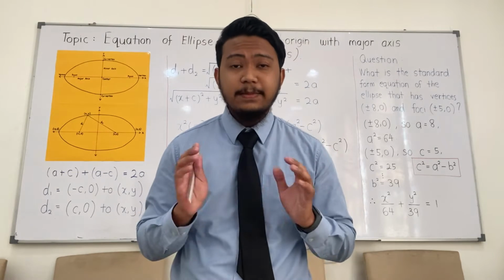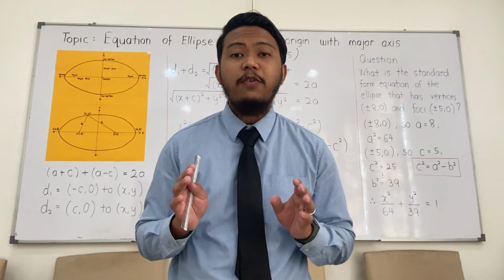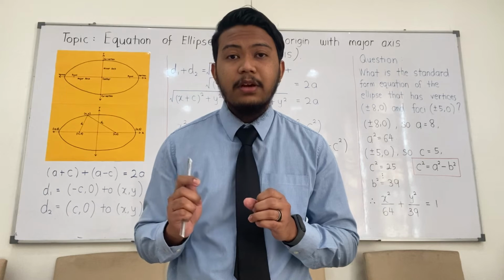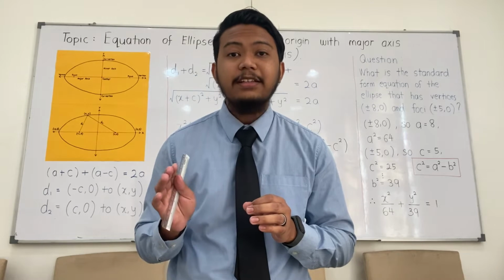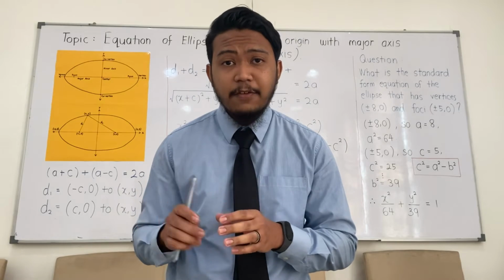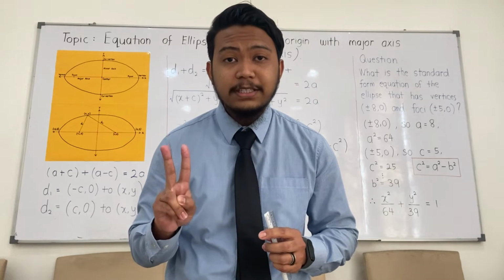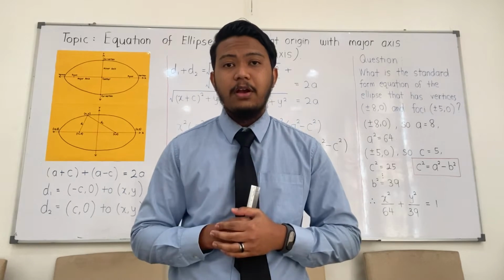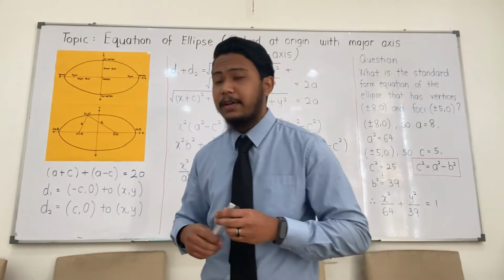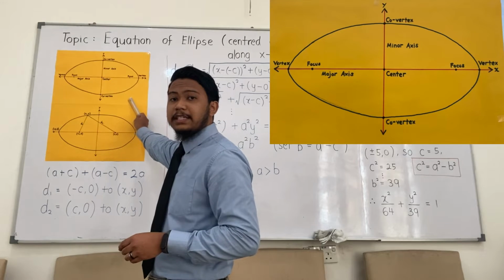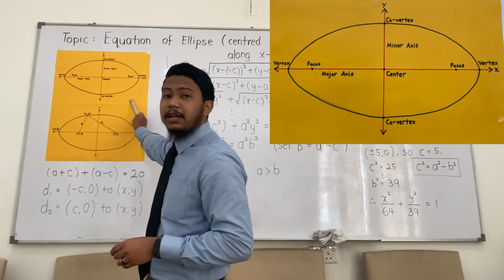An ellipse is the set of all points x, y in the plane such that the sum of their distance from two fixed points is a constant. As you can see from this diagram, this is the diagram of an ellipse.